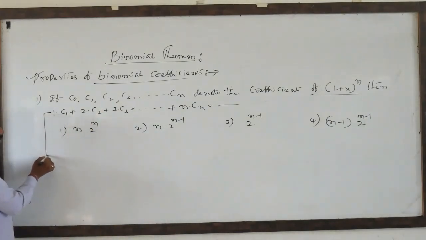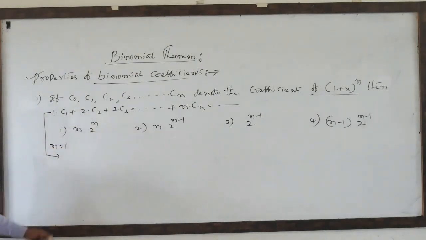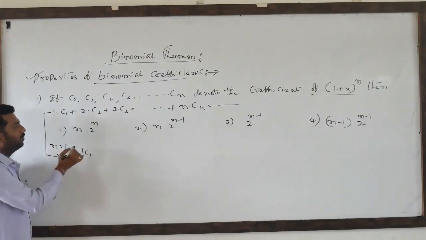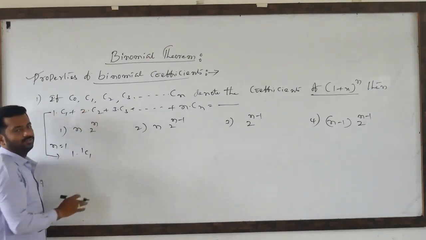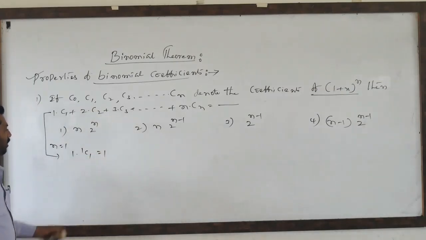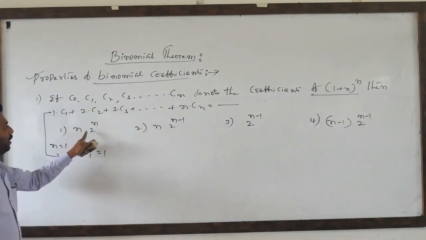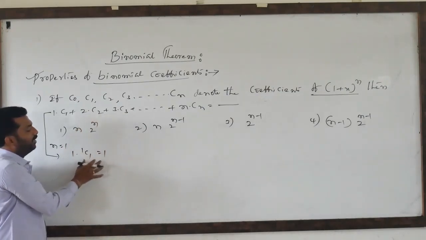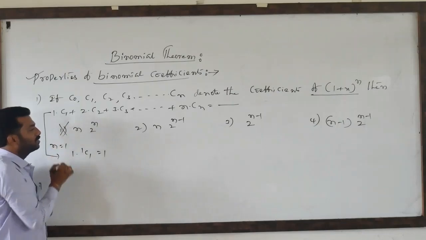First we have to calculate this expression for n equal to 1. n equal to 1 means this is 1 into 1C1. 1C2 is not possible, so it is 1 only. Observe the 4 options. Here n equal to 1 gives 1 into 2, but the option's expression value is 1, so this is wrong.